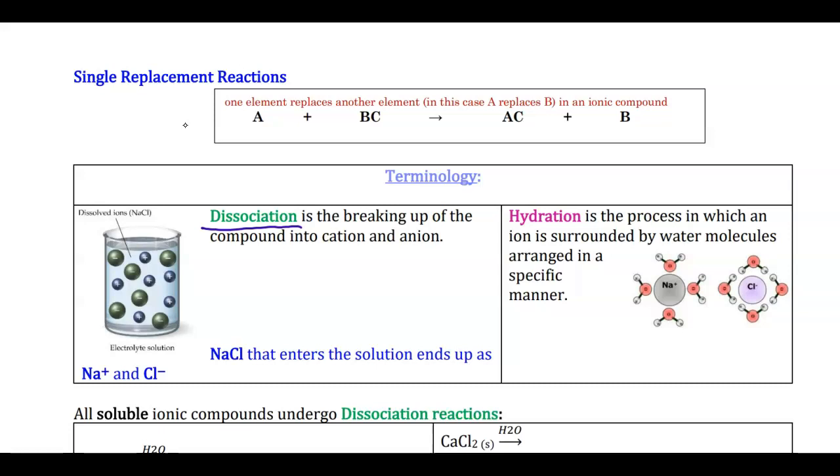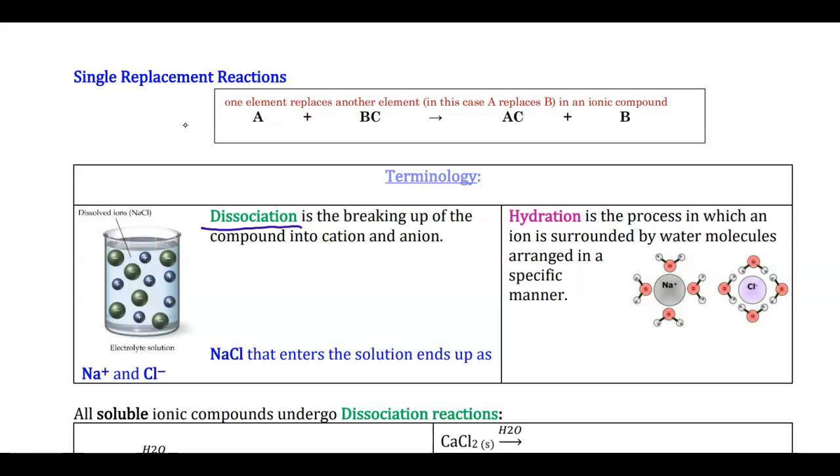So, why is it happening? This is just the first very simple explanation for this process. Those of you who are going to take other classes will talk about dissociation more. But for now, it's just the process in which water is involved very much, and you know the water is polar.